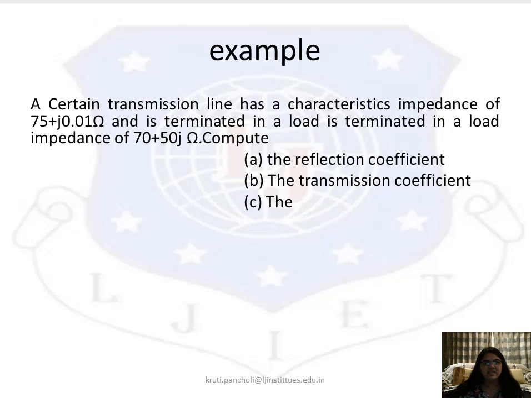Now an example about the reflection coefficient and the transmission coefficient. A certain transmission line has a characteristic impedance Z0 of 75 plus j0.01 ohm and is terminated in a load impedance of 70 plus j50 ohm.